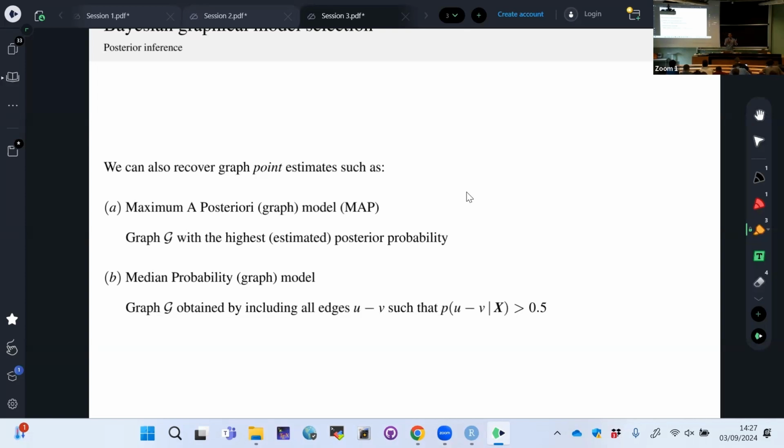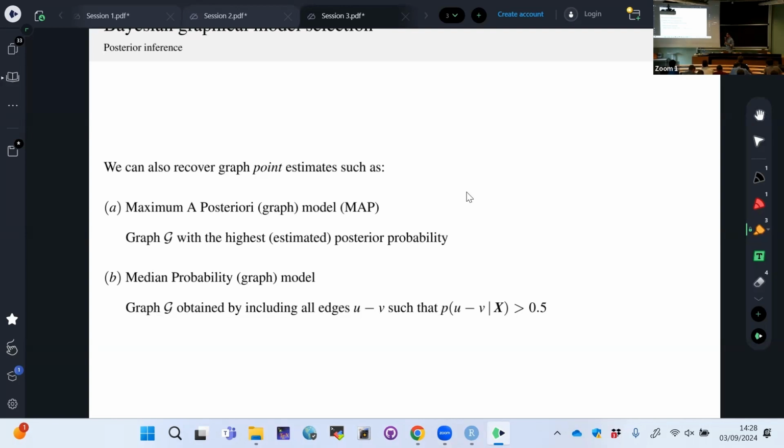Okay, so we can borrow ideas from linear models to graphical models, and we can construct this graph by computing first the posterior probabilities of edge inclusion, so P of UV given X, and then we can decide to insert an edge between U and V if this probability is greater than 0.5, exactly as in a median probability model estimate.